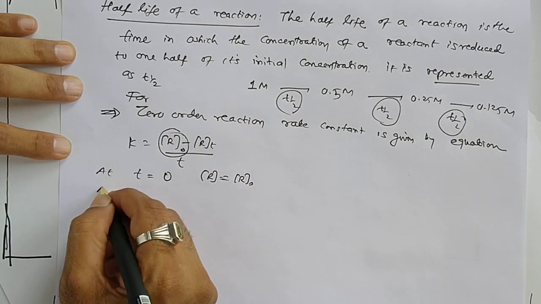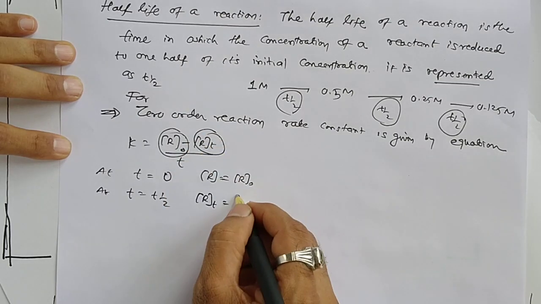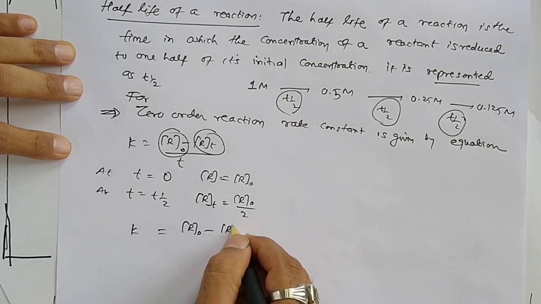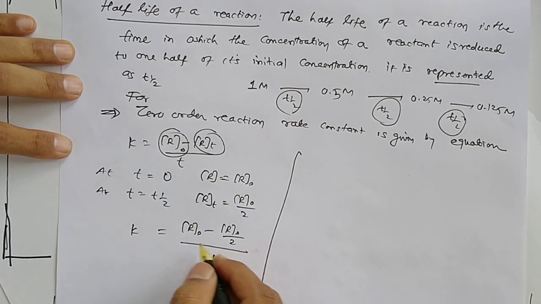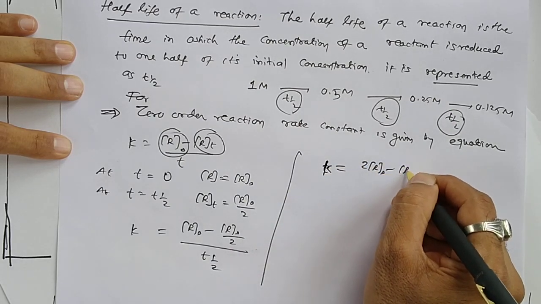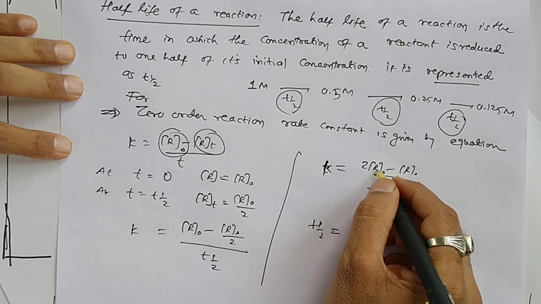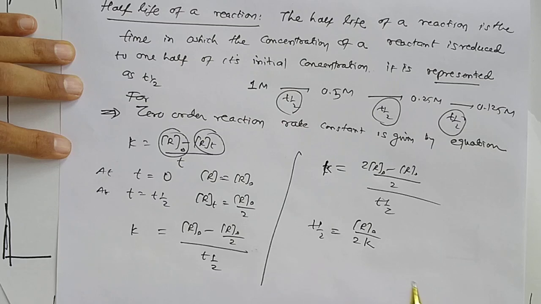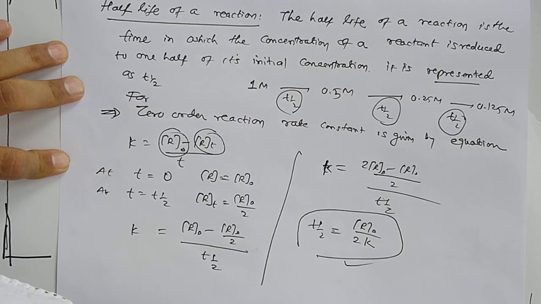At t equal to T1/2, concentration Rt is R0 by 2. So K equals R0 minus R0 by 2 upon T1/2, so T1/2 equals R0 upon 2K. This is the formula for a zero order reaction.